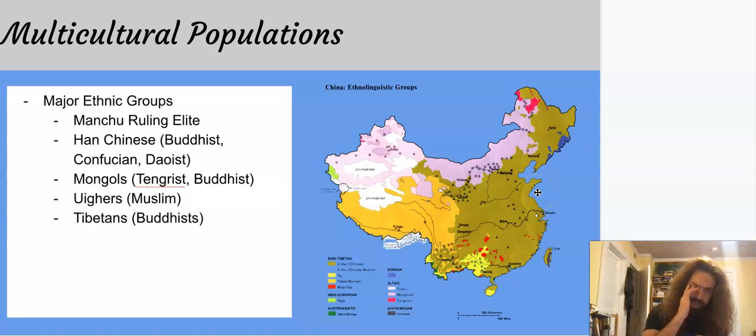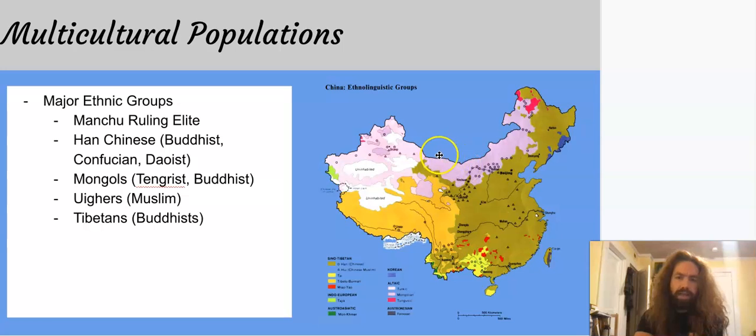And these guys are primarily Buddhist, Confucian, or Taoist. They are largely farmers or urban city dwellers. And they tend to look down on other ethnic groups because the Chinese have a long tradition of viewing themselves as the sort of dominant, superior civilization, the whole concept of the Middle Kingdom.